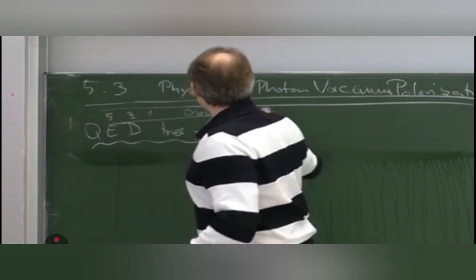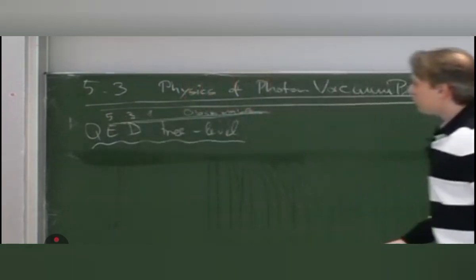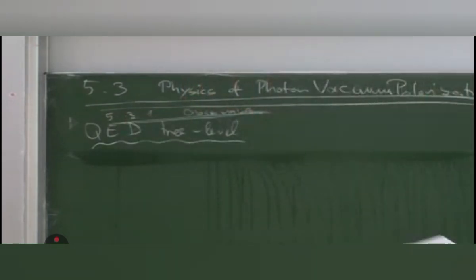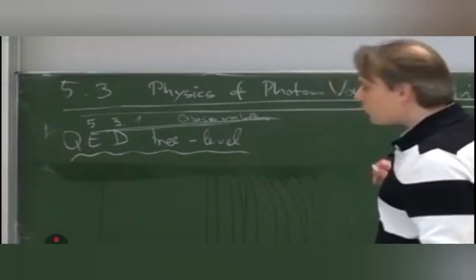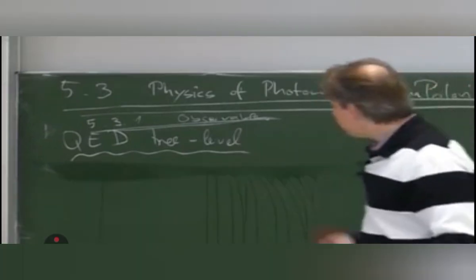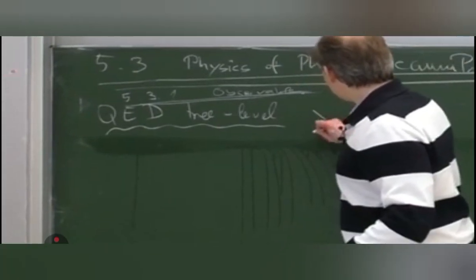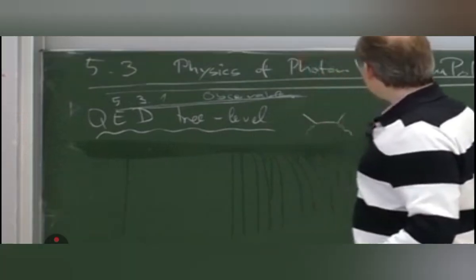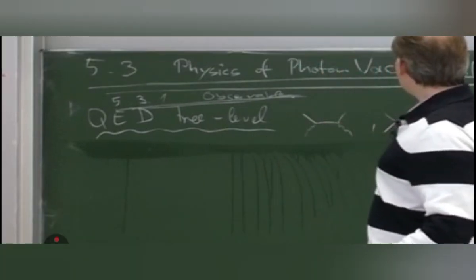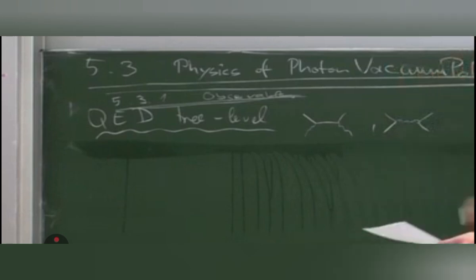So 5.3.1 is observables. And in order to define observables in a simple way, let us look at some tree-level processes. For example, here Compton scattering, or e plus e minus to mu plus mu minus, and so on.